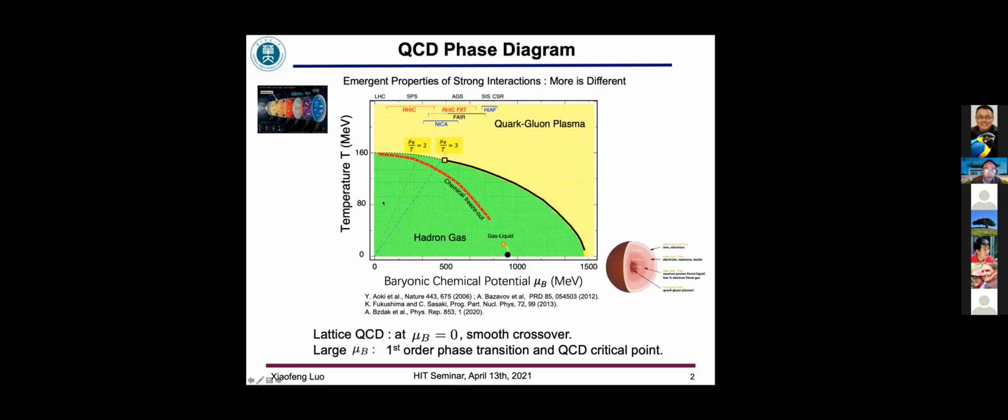From lattice QCD, at zero baryon chemical potential, the transition between hadron gas and quark-gluon plasma has been proved to be a smooth crossover. And at large mu_B region, it is based on QCD models. Many QCD models suggest that there is a strong first-order phase transition.